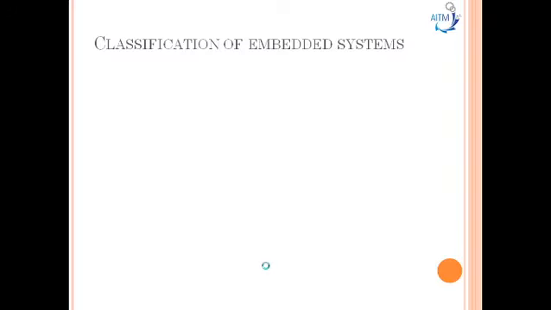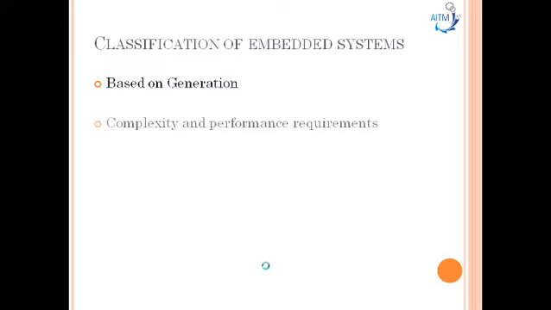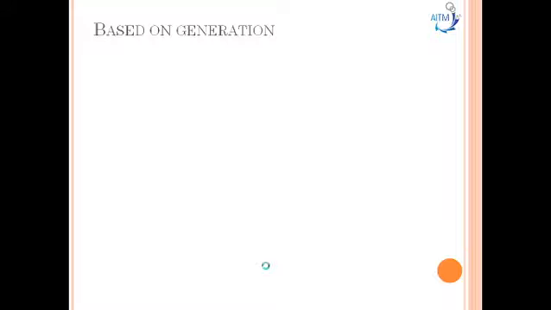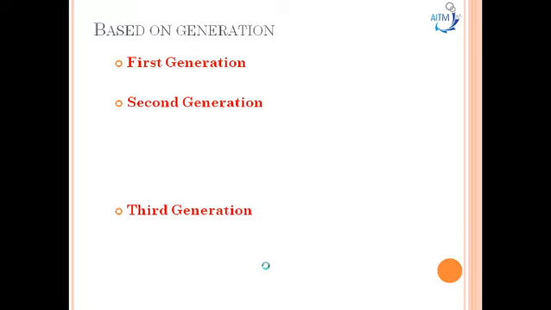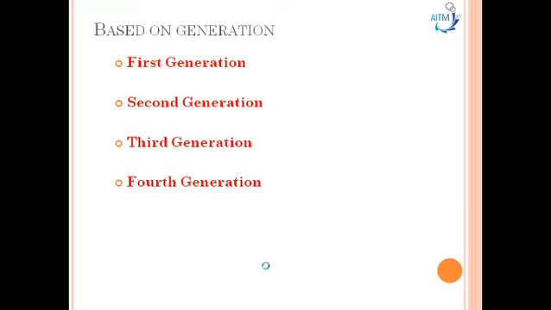So coming to the classification of embedded system, the embedded systems are classified based on generation, based on complexity and performance requirements. Now coming to the based on generation, the embedded systems are classified as the first generation, second generation, third generation and fourth generation.